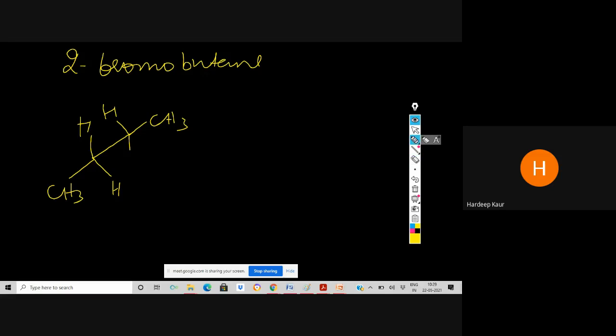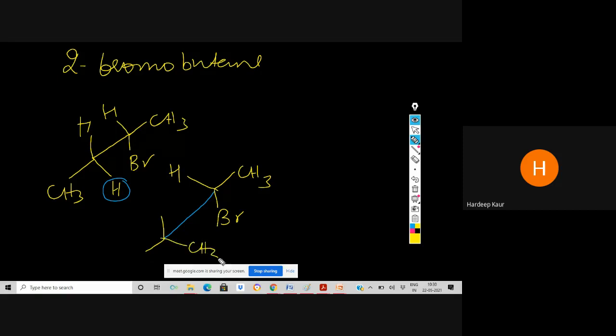So this is 2-bromobutane. One possibility is that the bromo is in the vicinity of the hydrogen of the second carbon. The second possibility, keeping the first carbon configuration constant, is that methyl is facing the bromine. So this is it.